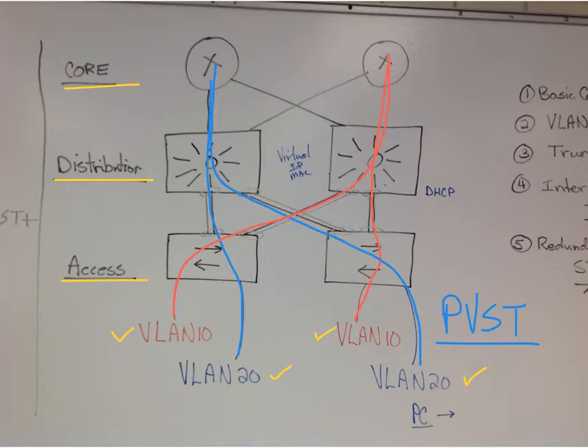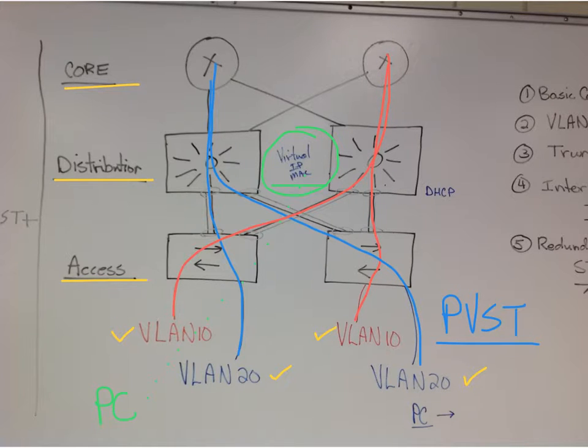Then we talked about one other topic that is coming up. Next week we'll talk about being able to set up, for the PCs down here, a virtual IP and MAC for their default gateway, so they would, so to speak, point at that.